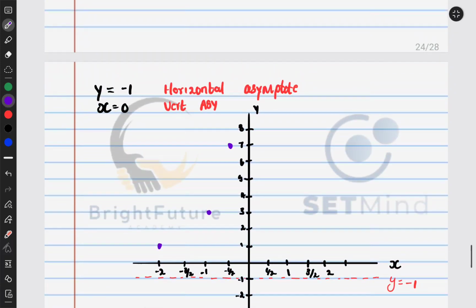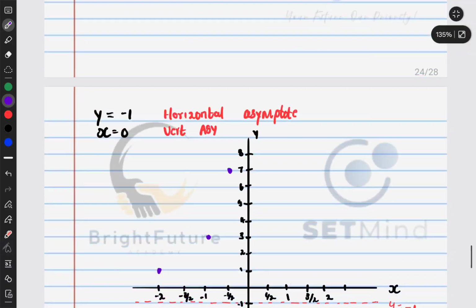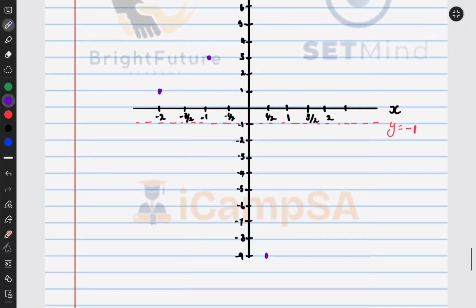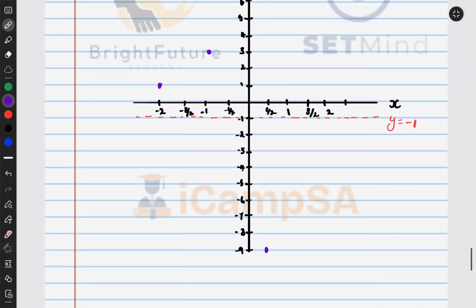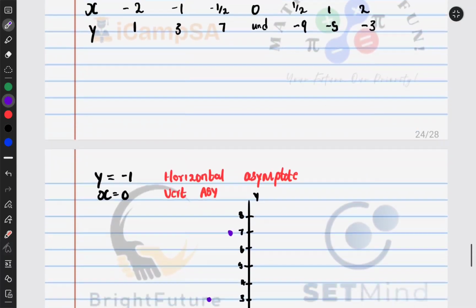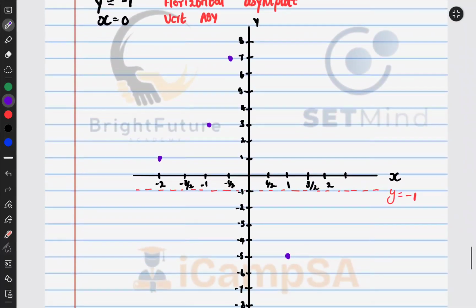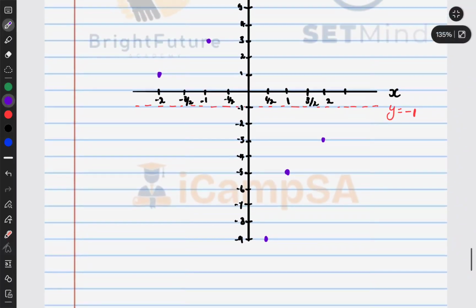And then the next point we have is 1 and negative 5, so it's about here. And then we have 2 and negative 3. So those are our points. What do we do next?